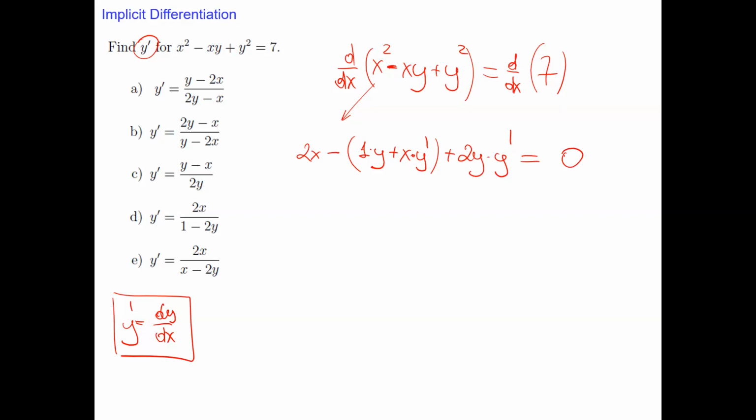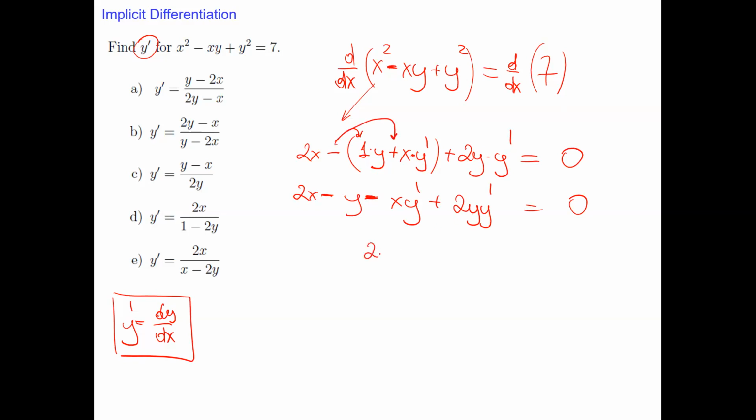And we just have to solve this equation for y prime. 2x minus y minus xy prime plus 2y y prime. Let me maybe change the order a little bit. Yeah, you notice I distributed negative. That also could be the mistake.